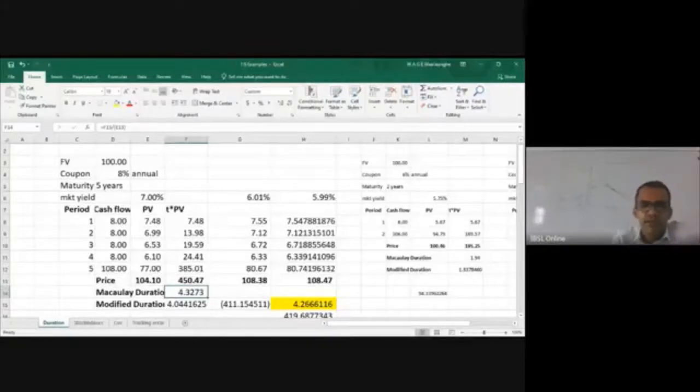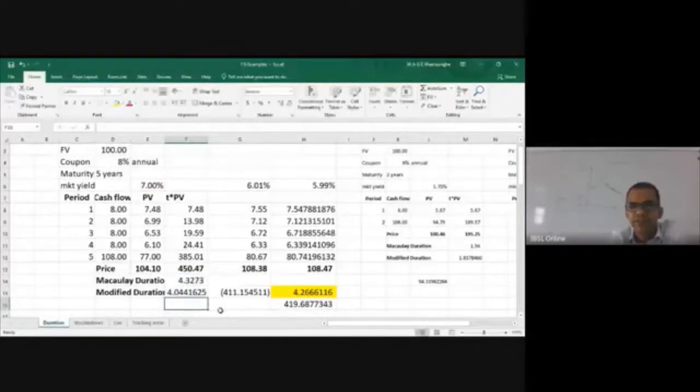If you want to calculate the modified duration, what you have to do is divide it by 1 plus yield. Macaulay duration divided by 1 plus yield. Then you get the modified duration.